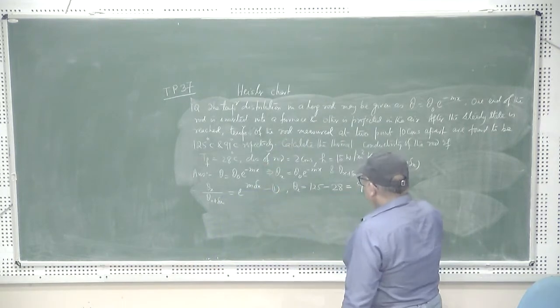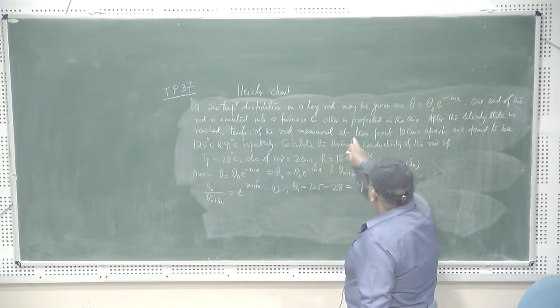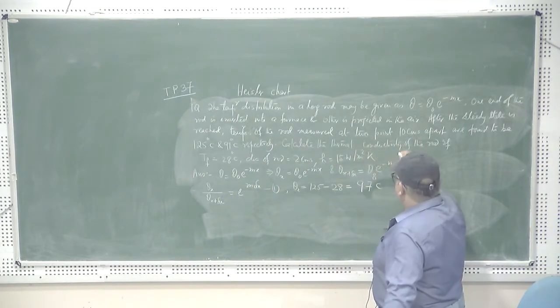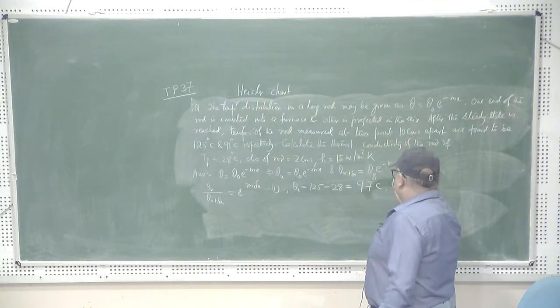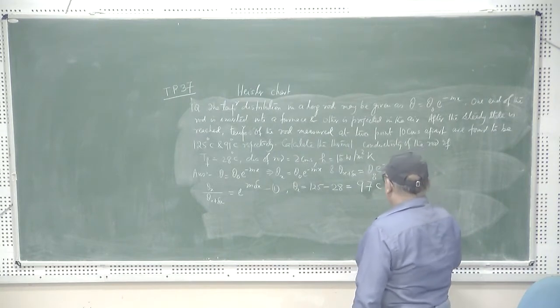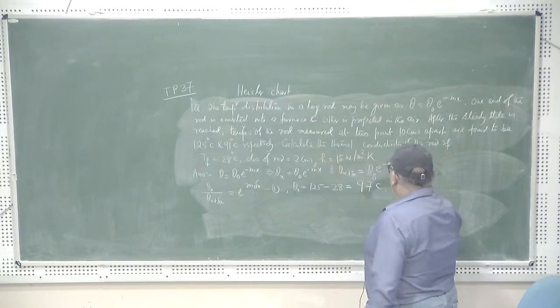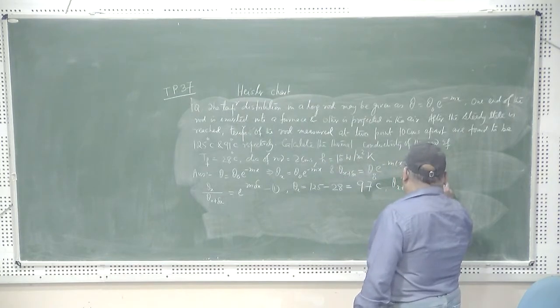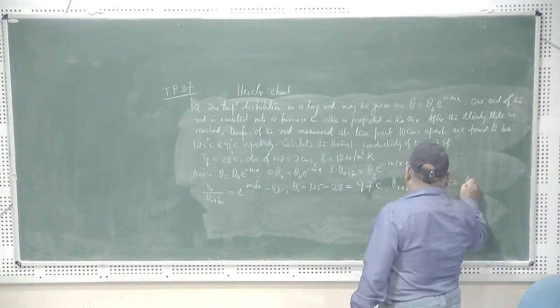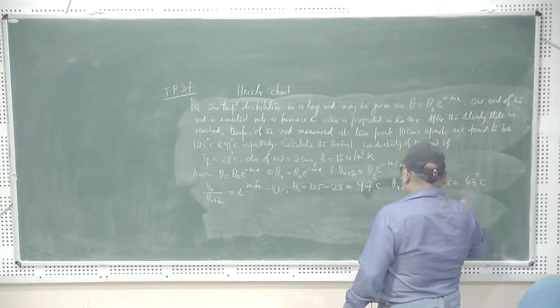Similarly, at another point distant 10 centimeter apart, that is theta x plus delta x, the temperature is 91, so 91 minus 28 is equal to 63 degrees centigrade.